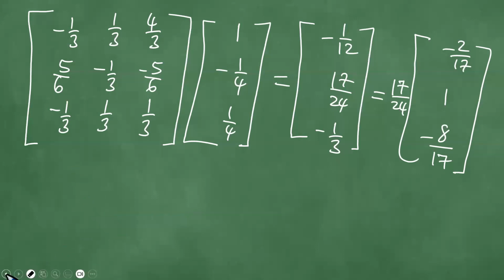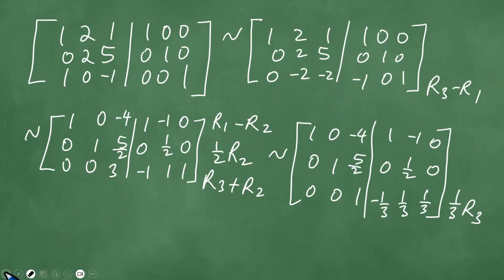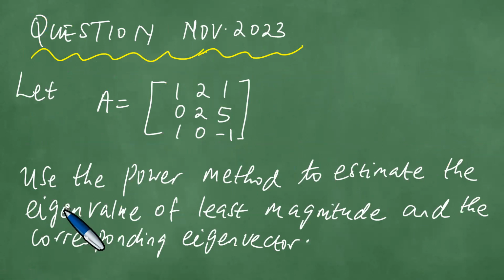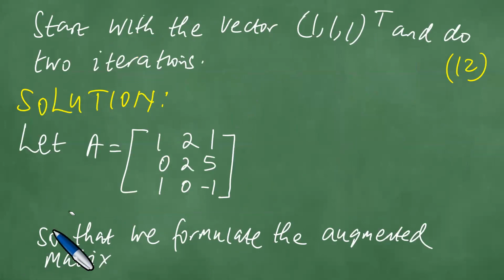Okay, obviously, because it was an exam question, the iterations are not too many. Use the power method to estimate the eigenvalue of least magnitude and the corresponding eigenvector. Start with this one and do 2 iterations. I need to do just 2 of the iterations. So we have exactly that.